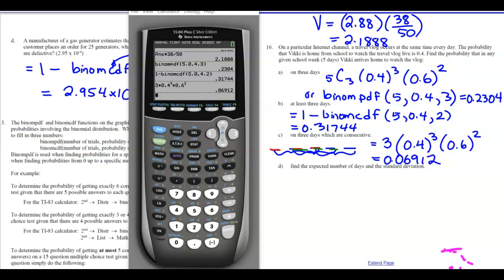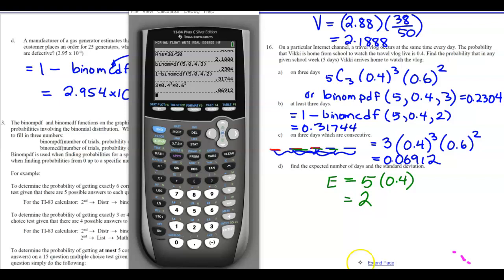Okay, so then last one here. Expected number of days. So 5 days, probability of being home times 0.4. So expected number of days that you'll get home is 2 out of the 5 days.